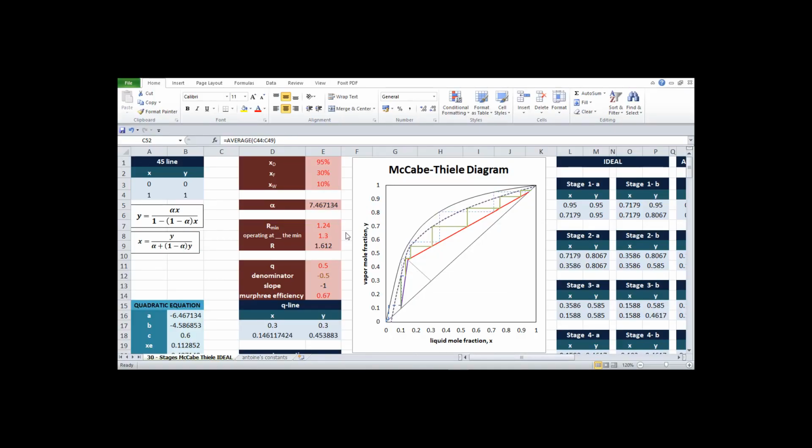From the earlier discussion, we were able to get the minimum reflux ratio, which is 1.24, and R will operate at 1.3 times the Rmin. So it will be equal to 1.612.